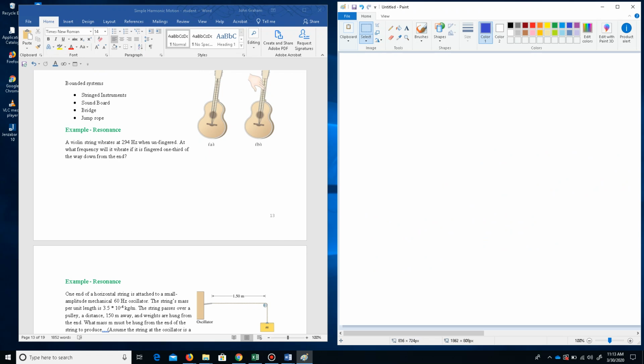Right, so if we are looking at a violin string, and it's going to vibrate at 294 hertz when unfingered. At what frequency will it vibrate if it's fingered 1/3 of the way down from the end? So this 294 is what we call that fundamental frequency.